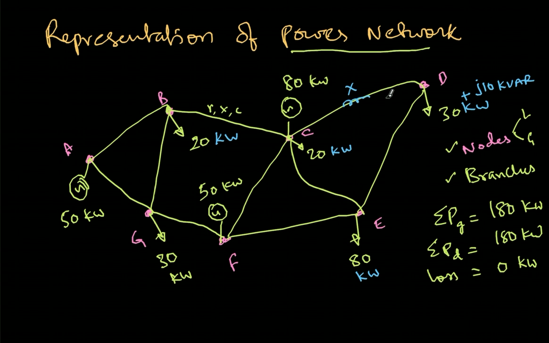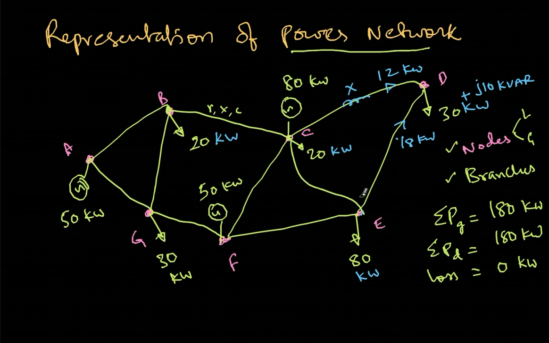So for example, maybe 12 kilowatts is coming from C to D, and therefore obviously by power law here, the remaining 18 kilowatts should come from E to D, and 12 plus 18 will be 30 kilowatts. However, these numbers 12 kilowatt and 18 kilowatt should be determined by the network parameters.